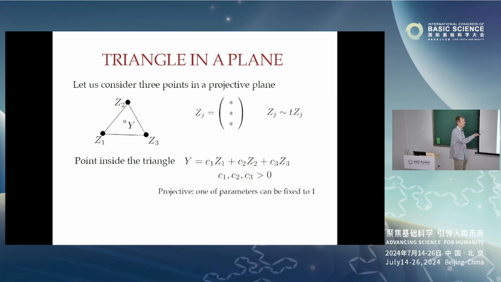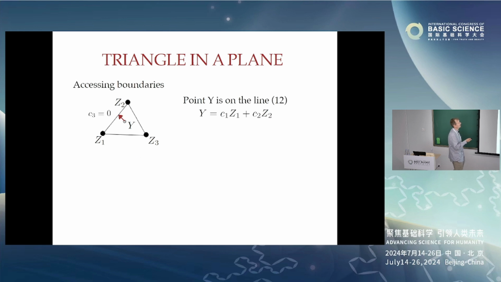So that is the simple way to describe the triangle. Now, because this is a projective space, not a real space, we can fix one of these coefficients to 1, because there is some projectivity. So there are really only 2 parameters. It's a 2-dimensional space. Now, if we want to access a boundary, to move y to a boundary, we have to send one of these coefficients to 0.